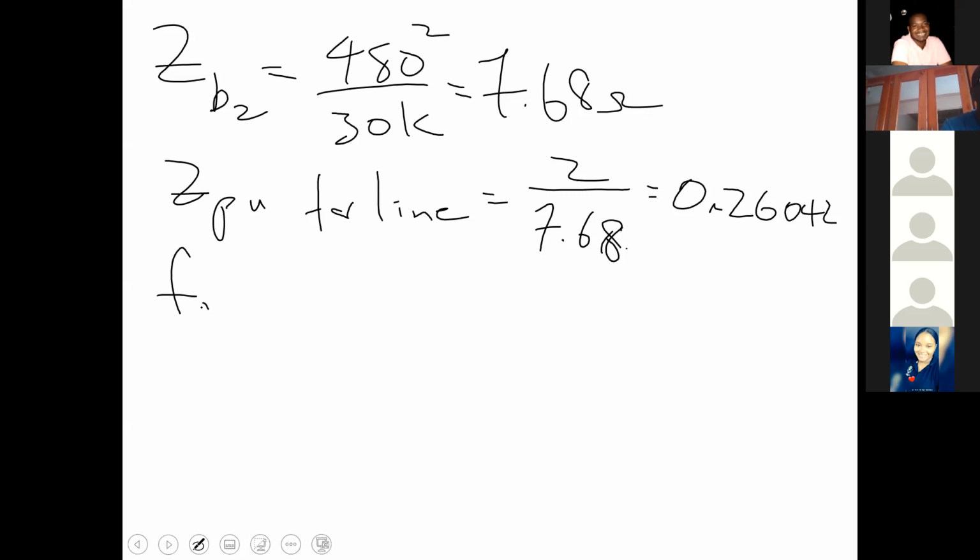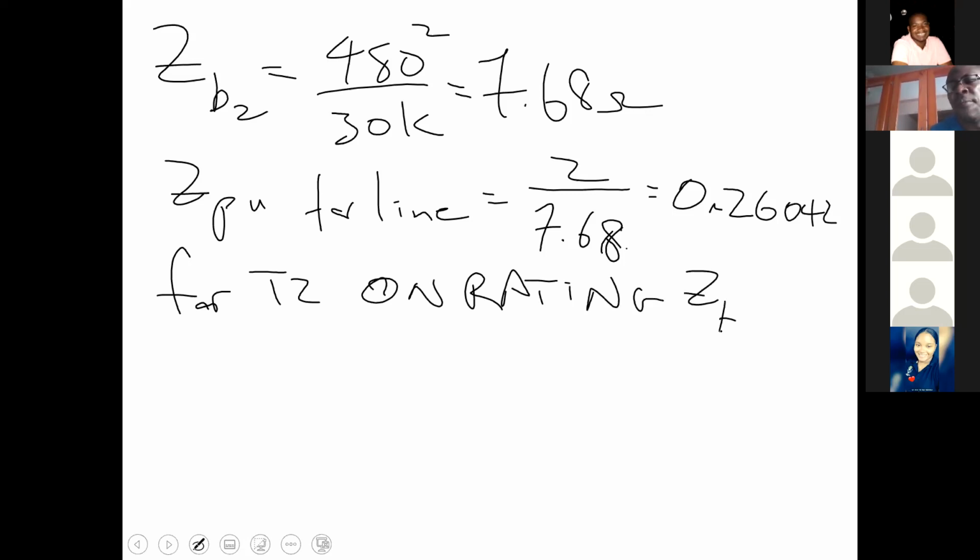So for transformer T2, and listen carefully, on rating, what is Z base?